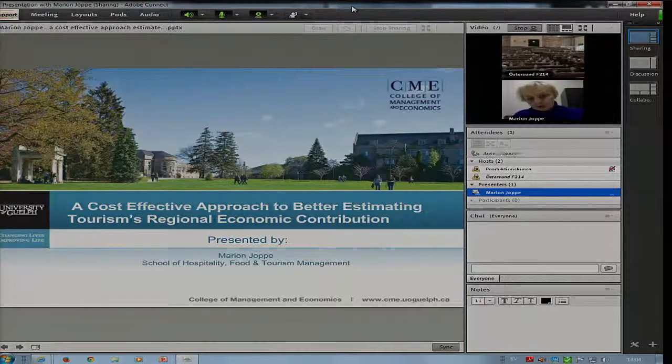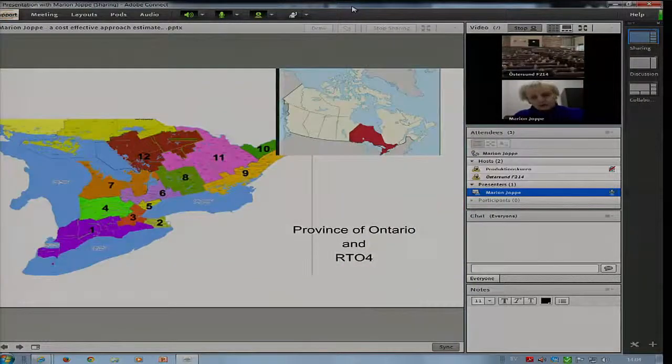I'm going to just start by giving you a little bit of context so that you can understand the geography that we are dealing with. Up here in red, that is the province of Ontario within Canada. It is about twice the size of Sweden and probably 20% larger than Germany, just to give you a bit of context.